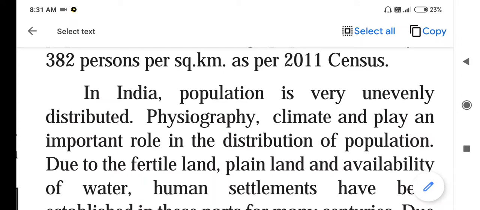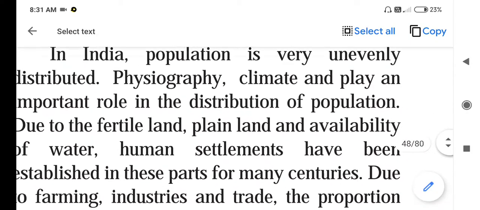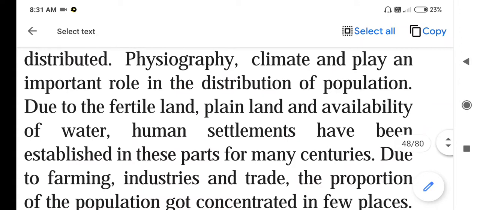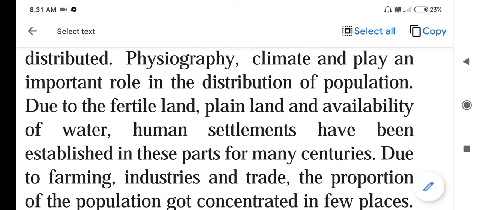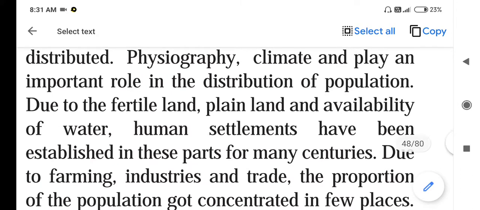Physiography and climate play an important role in the distribution of population. Just now we have discussed that physiography and climate are very important in the distribution of the population. Due to fertile land, plain land, and availability of water, human settlements have been established in these parts for many centuries. So here, where is fertile land available? The land which has alluvial soil, which is good for the growth of plants and crops.